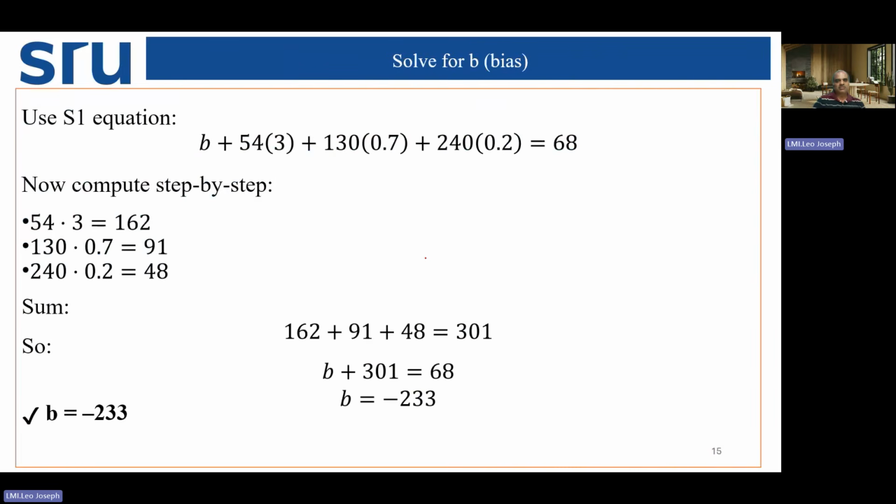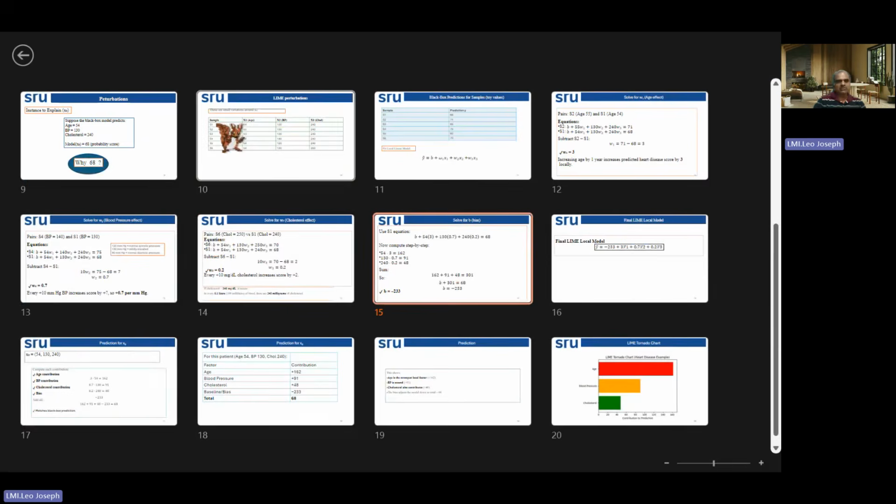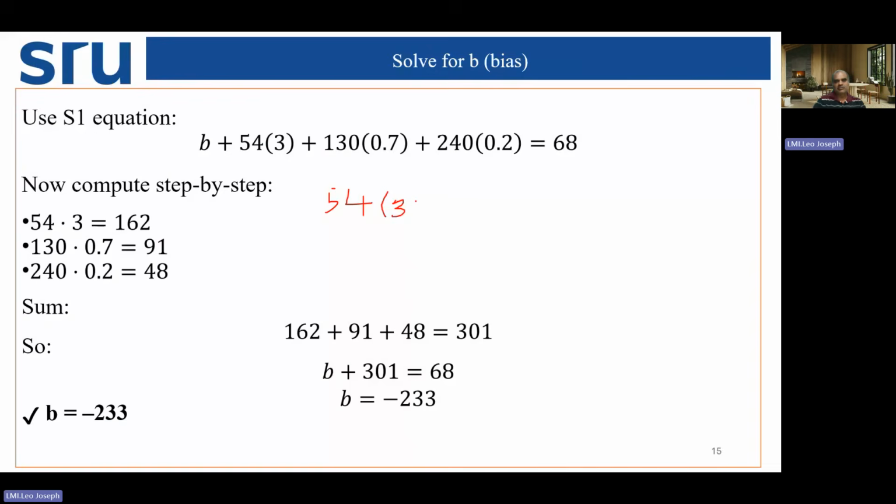So bias we need to calculate here. 54 into 3 plus 120 into 0.7 plus 240 into 0.2.